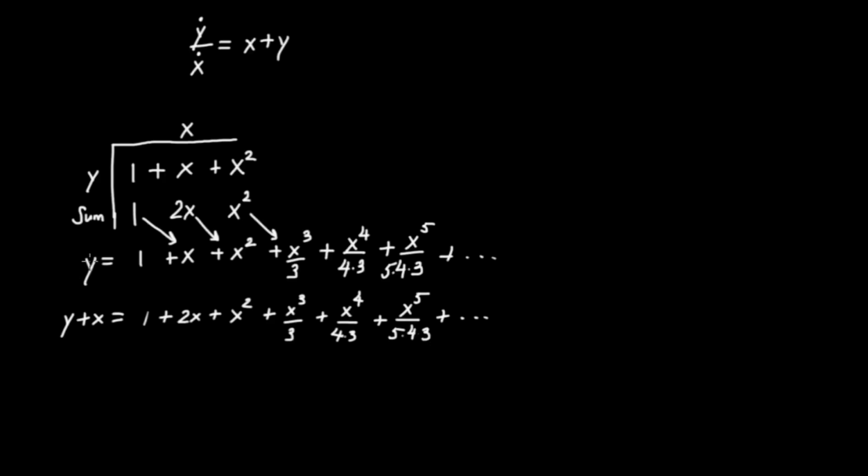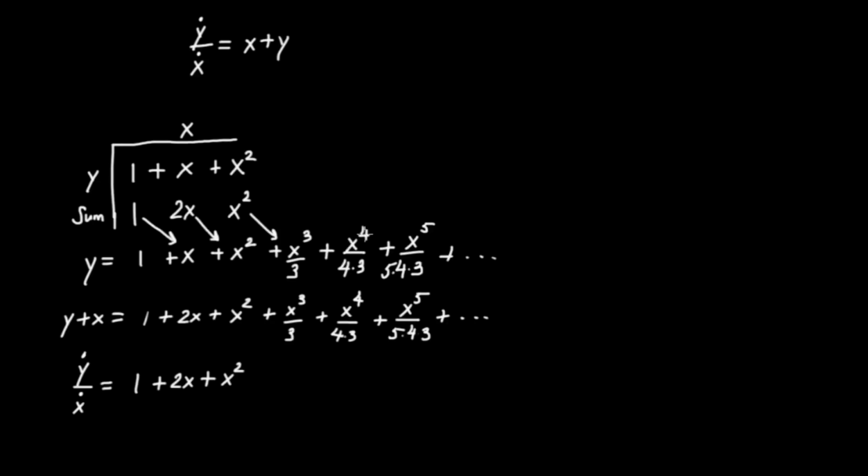Now, let's take the derivative of this y. We have y dot over x dot. The derivative of 1 is 0. The derivative of x is 1. The derivative of x squared is 2x. The derivative of x to the 3rd over 3 is x squared.